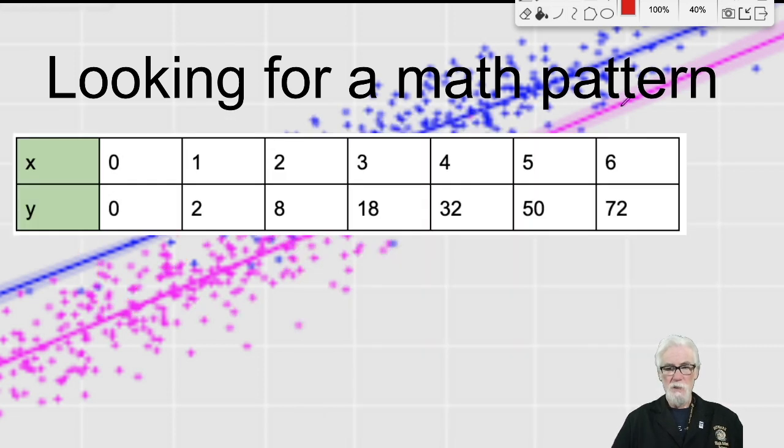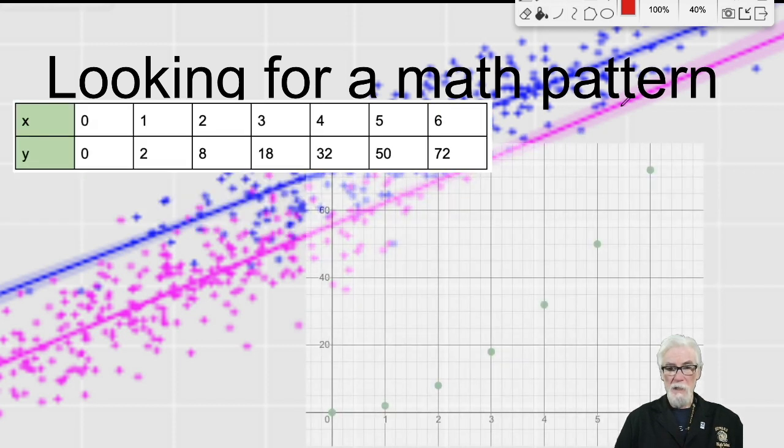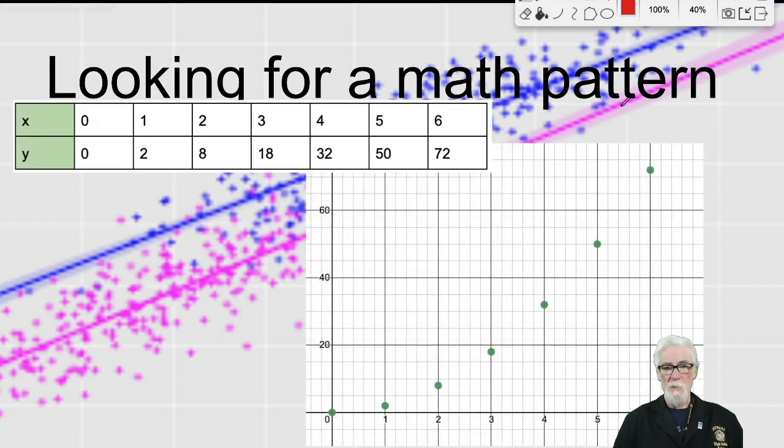Here's another one. Do you see the pattern? Here we have every Y value being twice the square of the X value. 0 squared is 0, times 2 is 0. 1 squared is 1, times 2 is 2. 2 squared is 4, times 2 is 8, and so on. When we plot this data, we get that same kind of a shape.